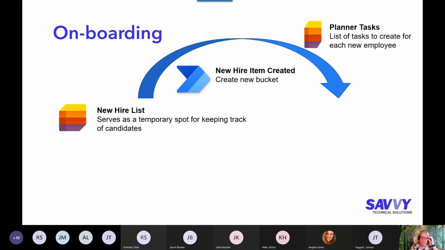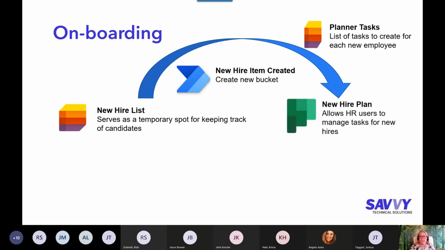So what happens is we have a separate list of planner tasks, and this is actually a SharePoint list. That SharePoint list keeps track of what's the name of the task, who it needs to be assigned to, and any supporting documentation, like a link to DocuSign or a link to the folder where we keep resumes or whatever.